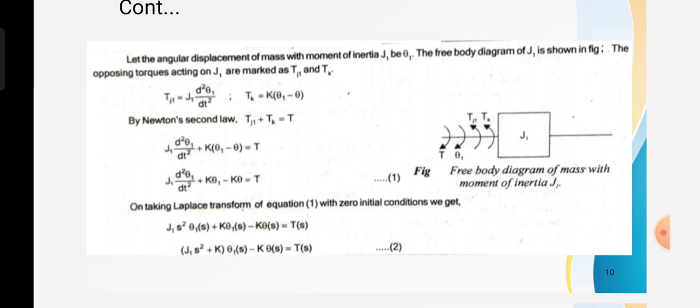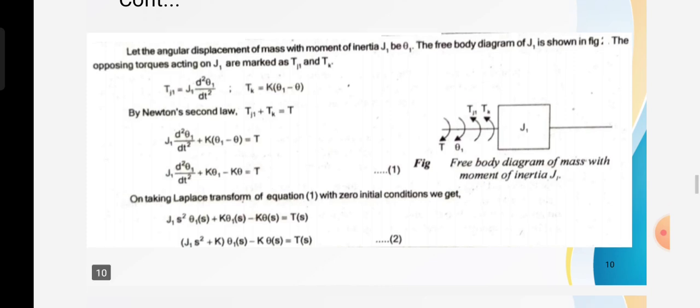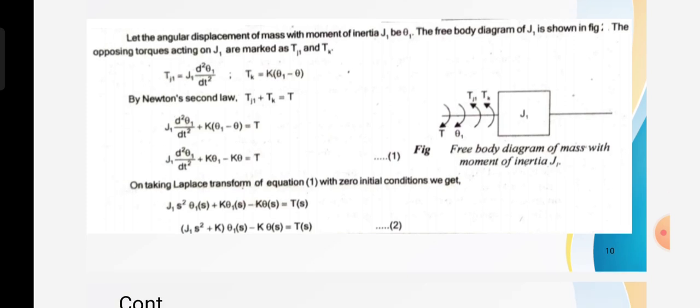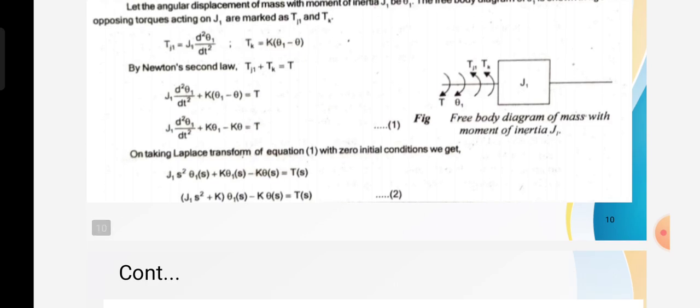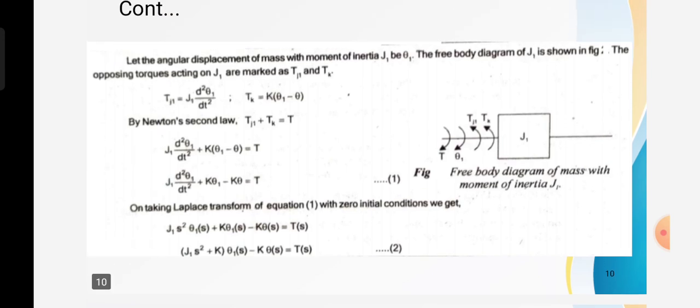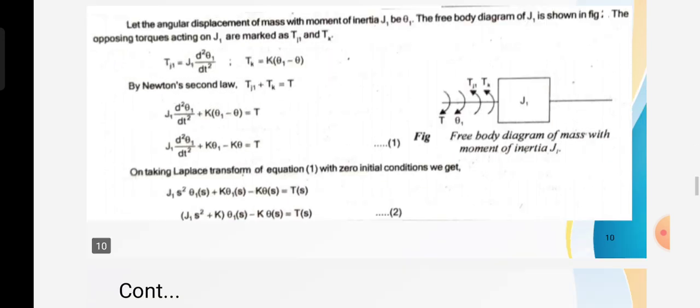So T is equal to Tj1 plus Tk. Substituting, J1 d square theta 1 by dt square plus k into theta 1 minus theta is equal to T. This is the differential equation of the moment of inertia of mass J1.